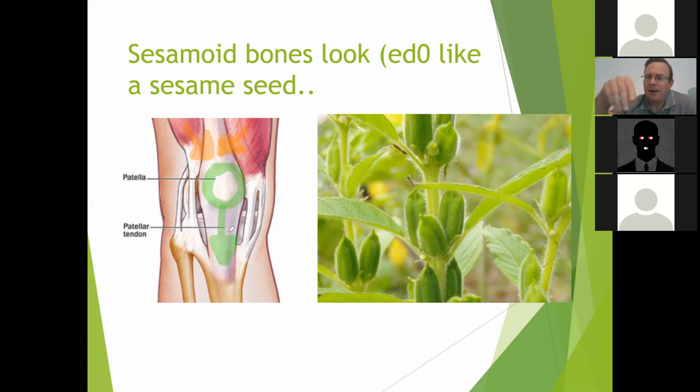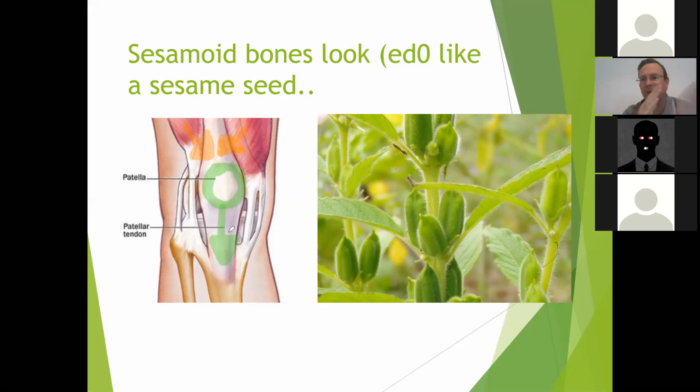The reason it was called a sesamoid bone is because it's all encased in these tendons. When early anatomists found this bone, they used to cut up anyone that had died, often prisoners that had been executed, because they needed to find out more about the body.